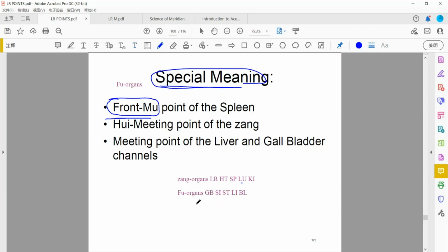So the fu organs are easily attacked by excessive pathogens. So we can use the He-Sea points of the gallbladder, of the small intestine, like those ones, to dispel the pathogens. And the zang organs tend to be deficient, so we tonify, like we use the Back-Shu point.